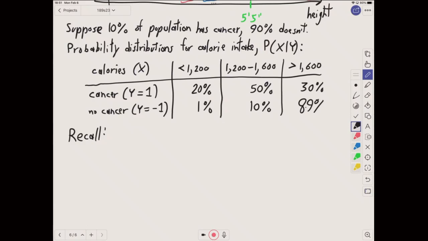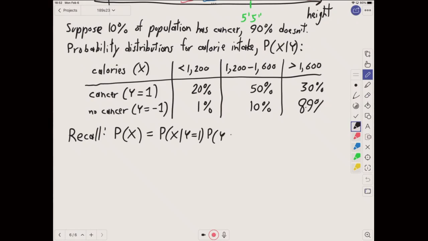I want to remind you from your knowledge of probability how we compute P of x given this table. P of x is, specifically, the probability that a person randomly selected from the population is eating less than 1,200 calories a day, or the probability that that person is eating between 1,200 and 1,600, and so on. So given a particular X bin, I have to consider two types of people, the ones who have cancer and the ones that don't.